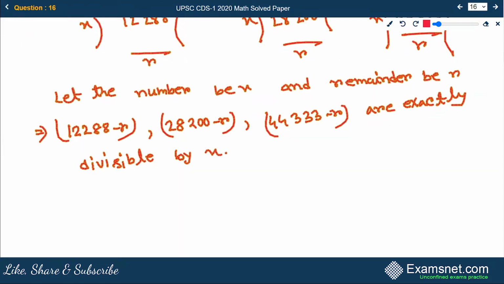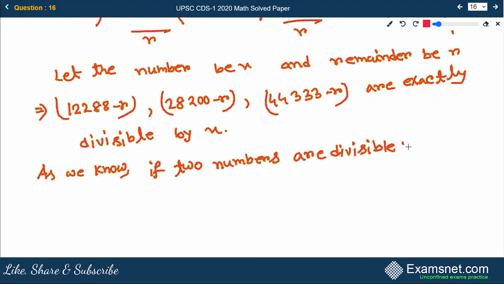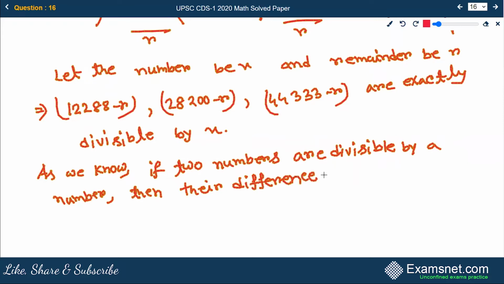Now, as we know, if two numbers are divisible by a number, then their difference is also divisible by the same number.